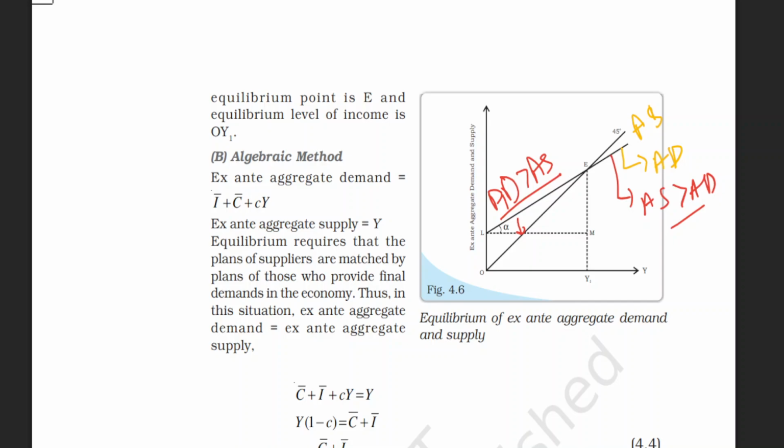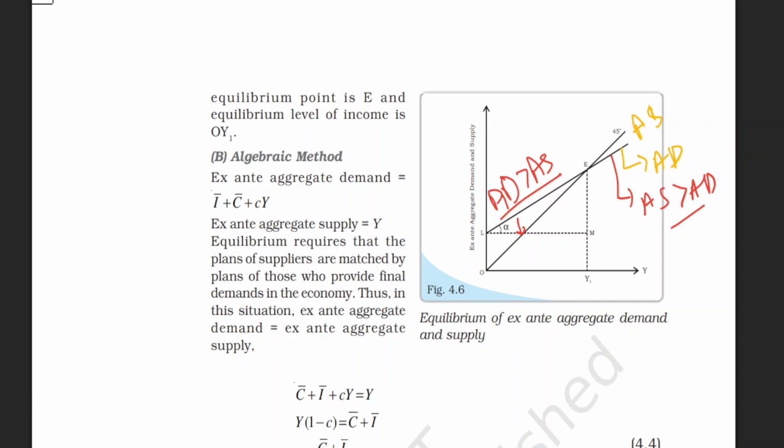We are going to represent the changes in the next part, and see what will happen and how the changes are going to be if your AD and AS change in the ex post period. Till here we were discussing the ex ante part, but the actual value that comes out will be different, and it can be equal also.